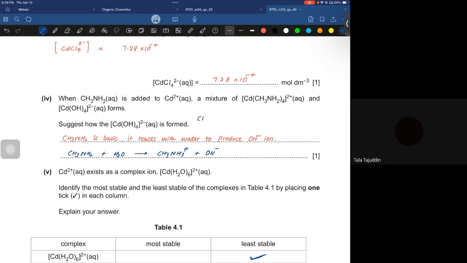This is CH3NH2, and this is water. That would become this, releasing OH negative ions, and that's the reason cadmium hydroxide is formed. Very easy.